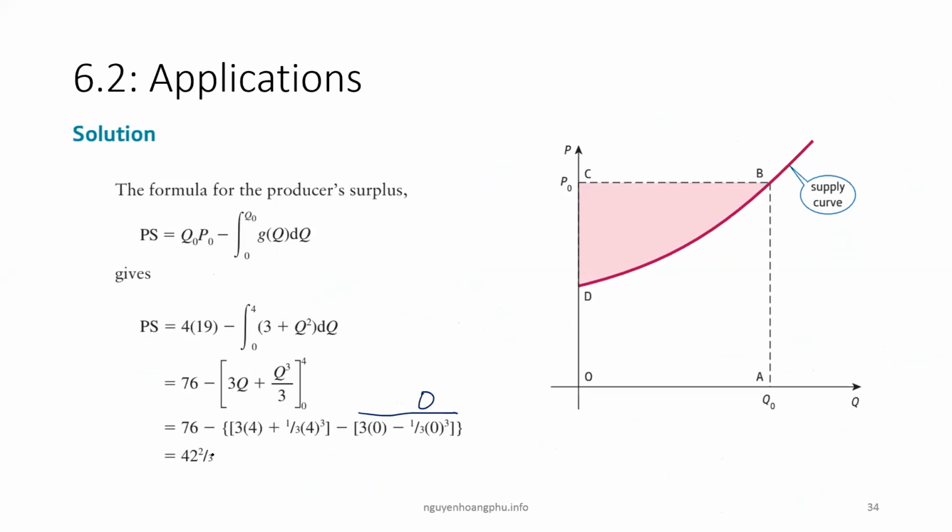So when you substitute, the final result is around 42 and 2/3.